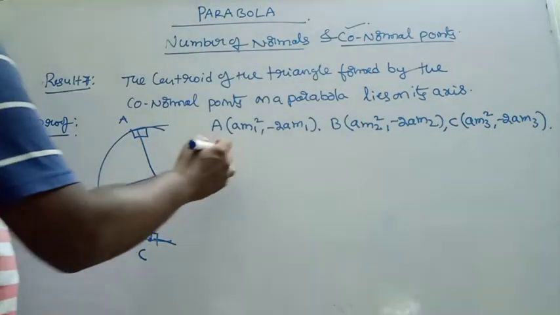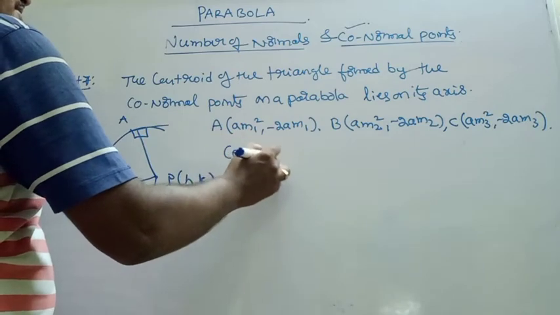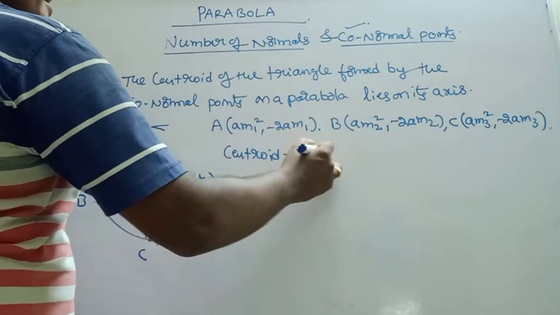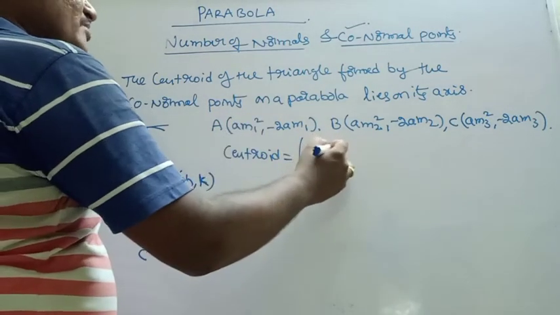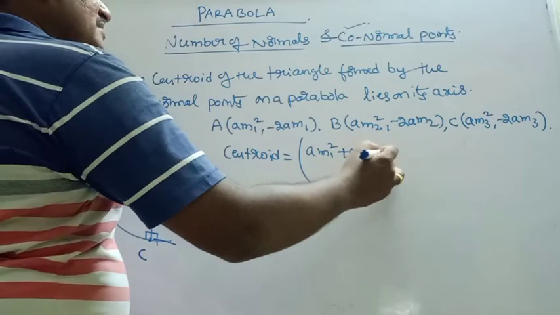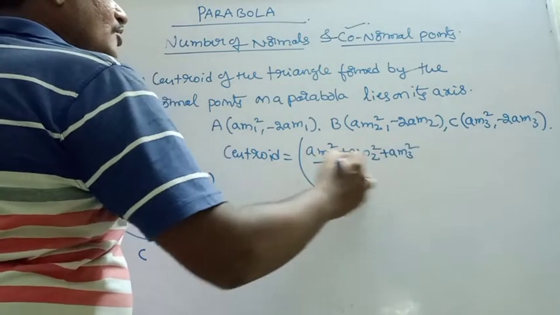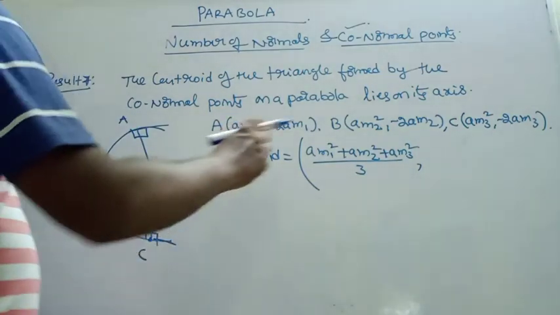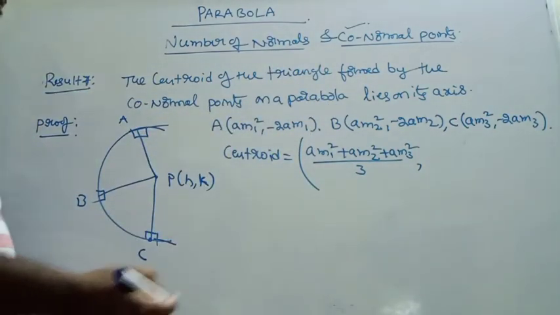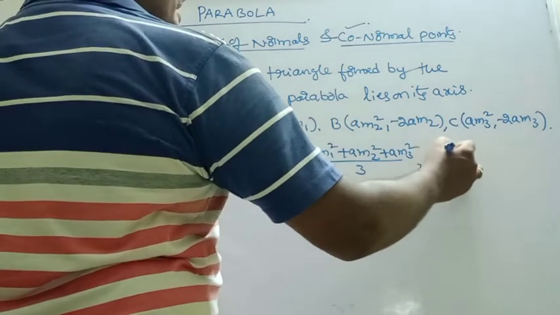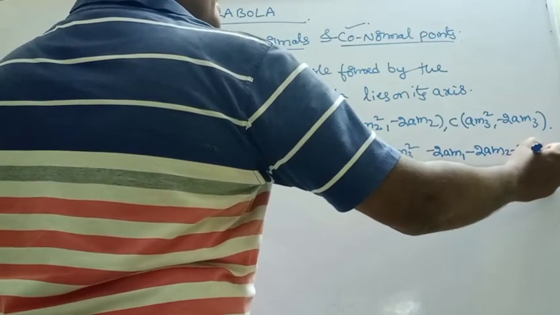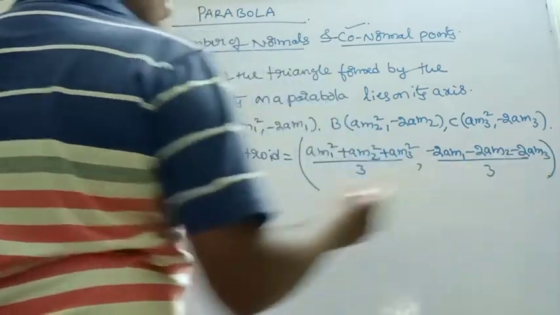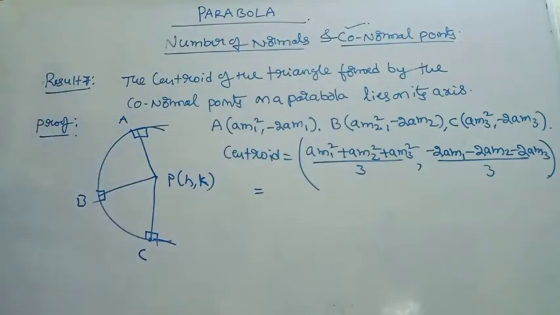Now the centroid is nothing but (x1 plus x2 plus x3)/3 comma (y1 plus y2 plus y3)/3. Now x1 plus x2 plus x3 is A m1 square plus A m2 square plus A m3 square, whole by 3, comma, that is minus 2A m1 minus 2A m2 minus 2A m3, whole by 3, like this you are having. Now this is what the centroid is equal to.